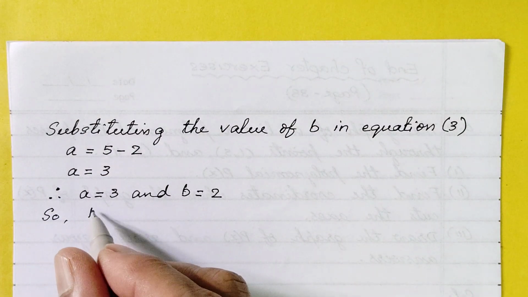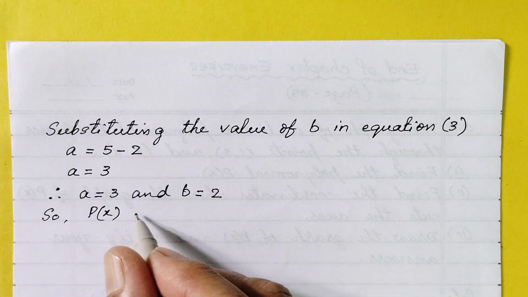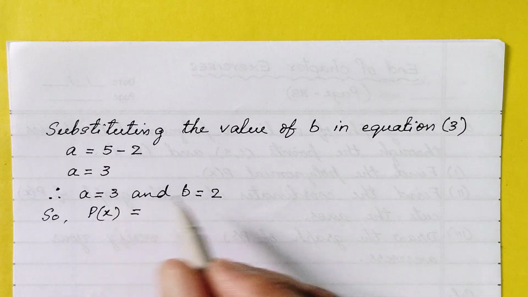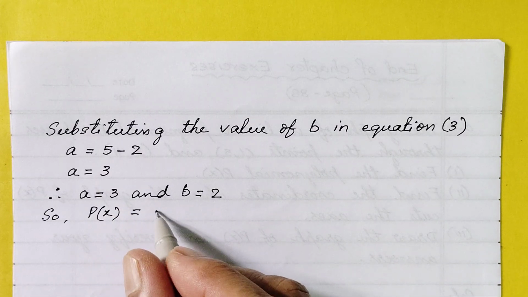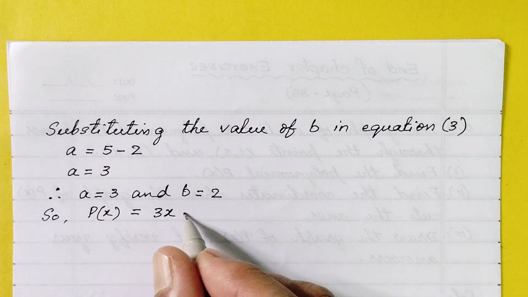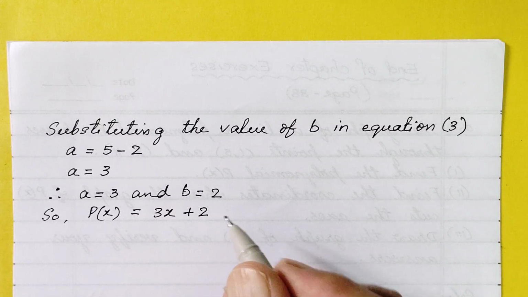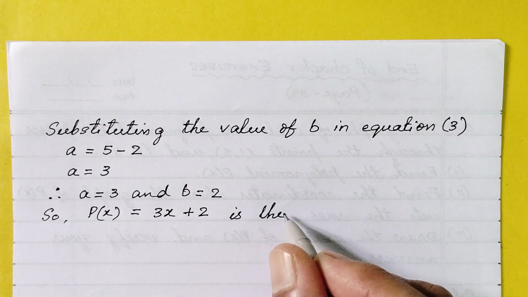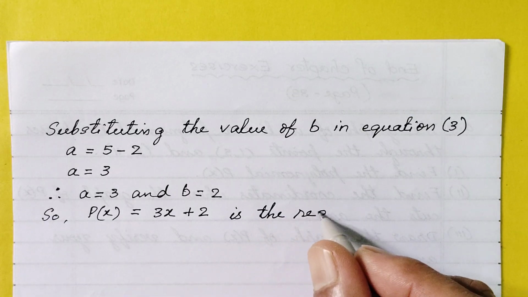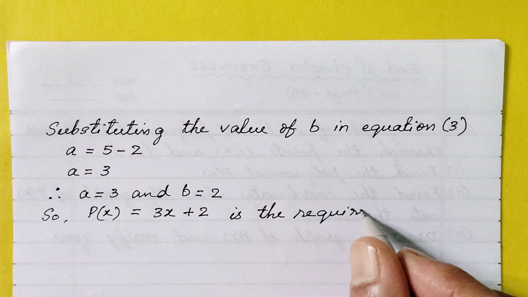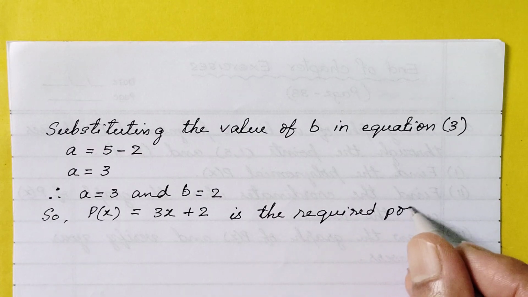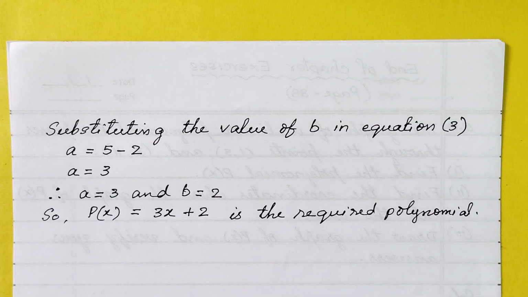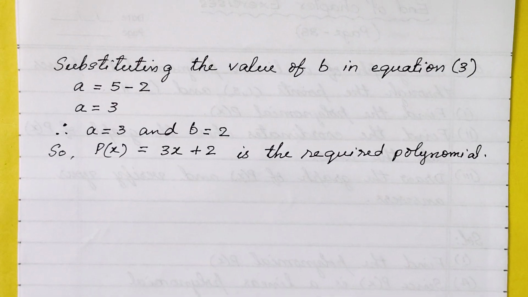So px is equal to, so we will put the value of a and b in px, so it will become 3x plus 2 is the required polynomial. So we have answered the first question here.